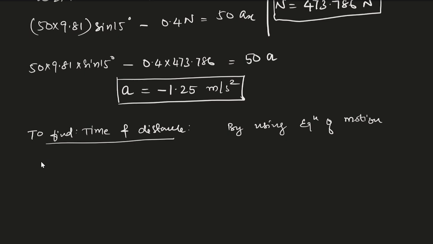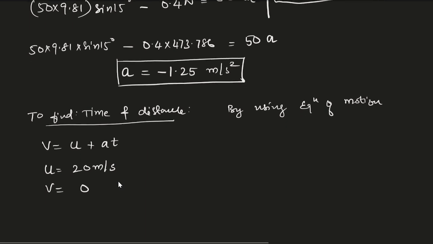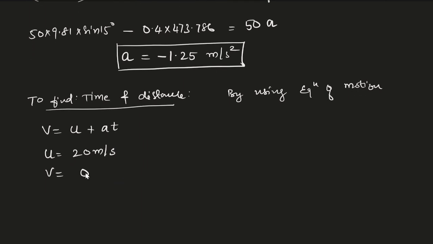We have the relation v equals u plus at. Here we know that u equals 20 meters per second, and the final velocity will become 0, because we need to find the time when the body comes to rest. So the final velocity is 0 here.